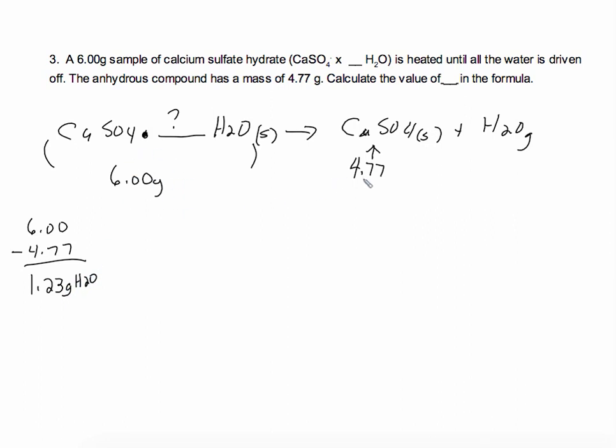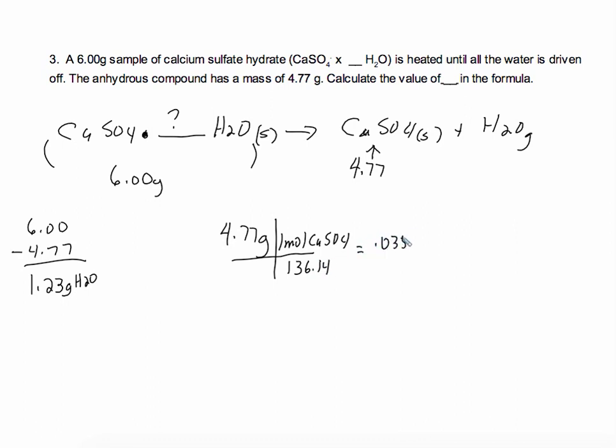So then to solve this problem, you basically need to find the mole ratio between the calcium sulfate, which is 4.77 grams, and the water. So you would change it to moles. 1 mole calcium sulfate, the molar mass is 136.14.